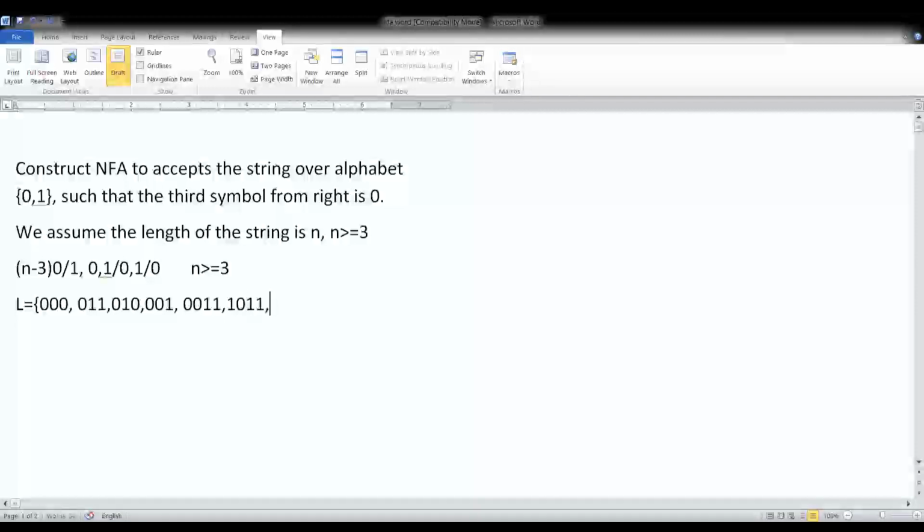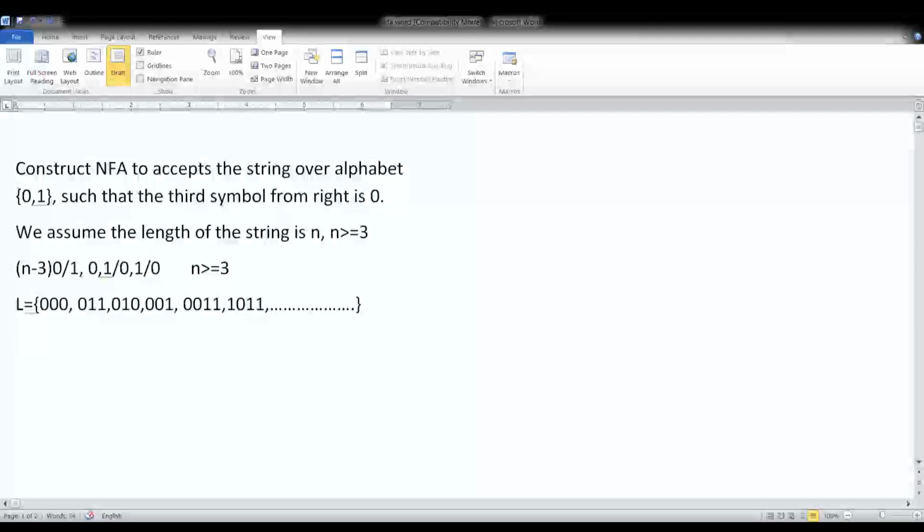Like this you can have all the strings of length n greater than or equal to 3, and you get an infinite set of strings. We just extend it, and you can find all such strings which satisfy this condition.